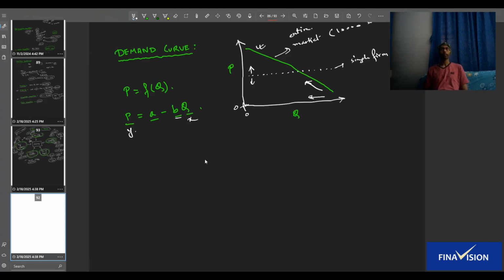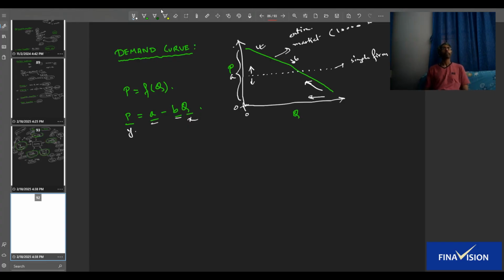B is the slope, and A is the vertical axis coefficient. So wherever this line intersects the vertical axis, the length here is A. When the quantity is zero, the value of P, that is the price at which demand becomes zero, is A.